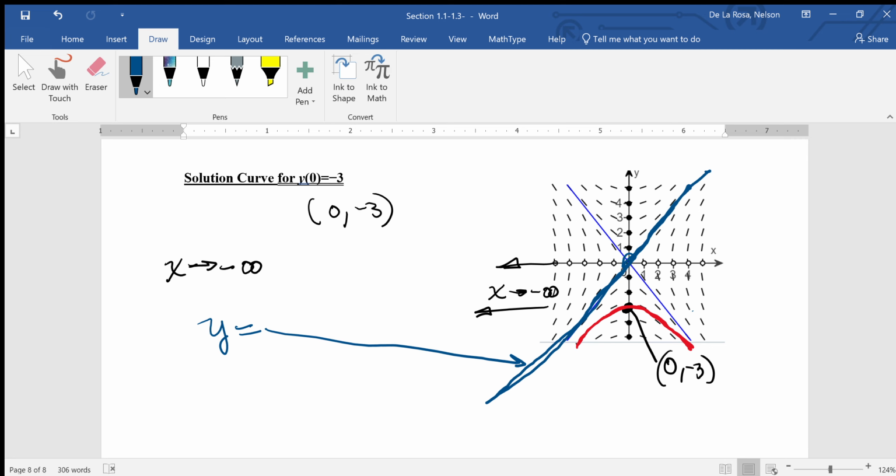Okay, and when x approaches positive infinity, so positive infinity is this way, right? It's going to be this other curve that I'm going to reinforce in a different color.